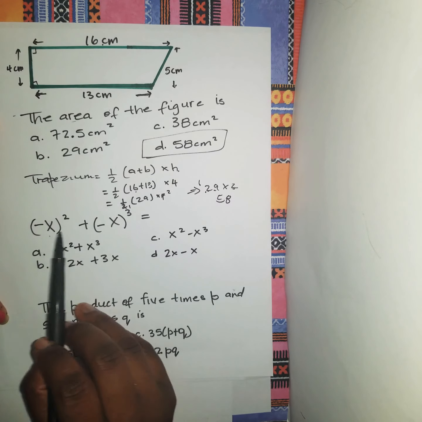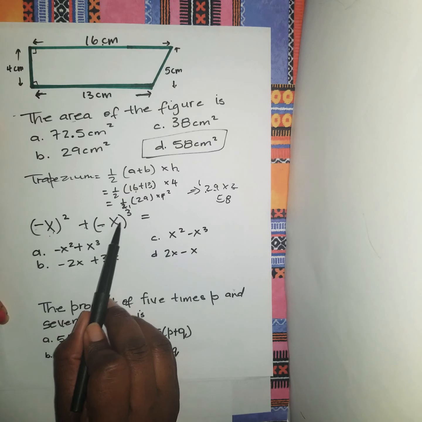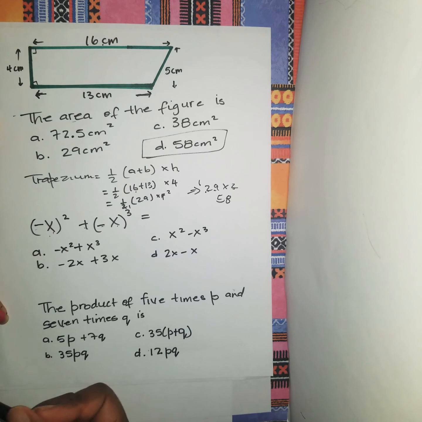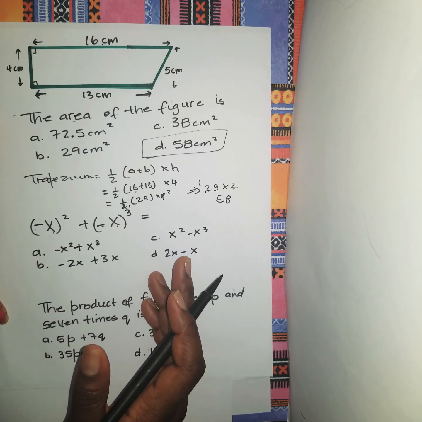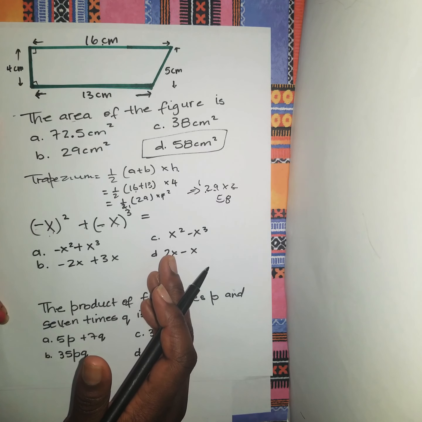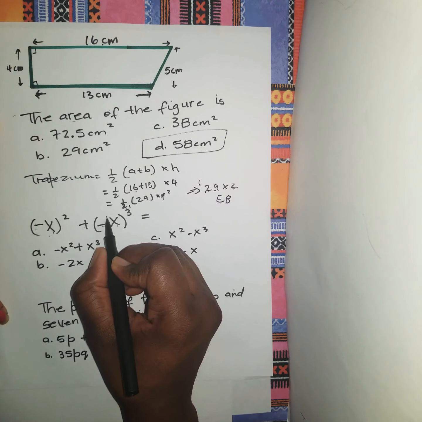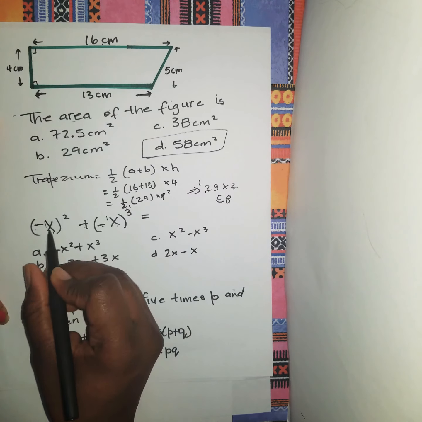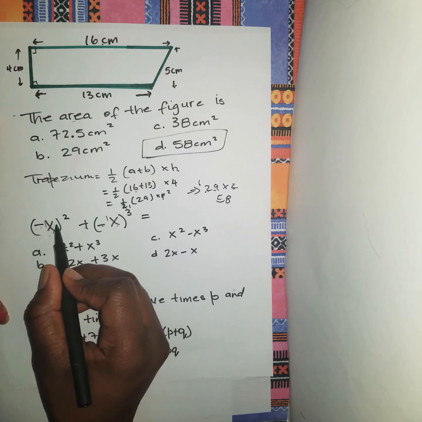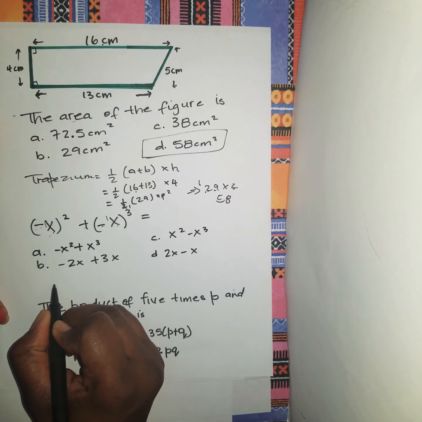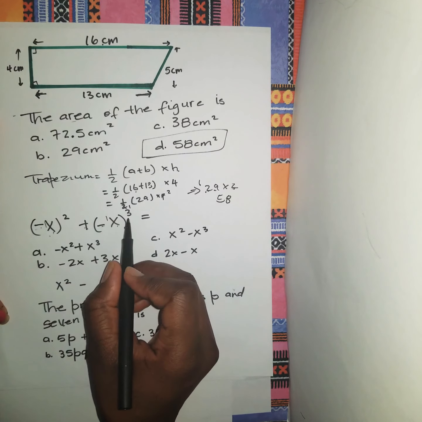So for this question, negative x squared plus negative x cubed is... So it's basically simplifying this by carrying out operations on integers. Even though you don't see any number here, an invisible one is right here. So we know that negative x squared would be what? Negative x times a negative x will give a positive x squared. Now let's do this part.